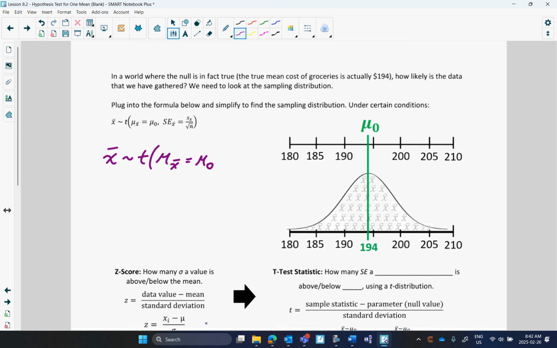The standard error of the sampling distribution of the means is going to be the standard deviation of the sample, which we were given on the previous page as 25.98, divided by the square root of the sample size, which was the square root of, I think, 31.